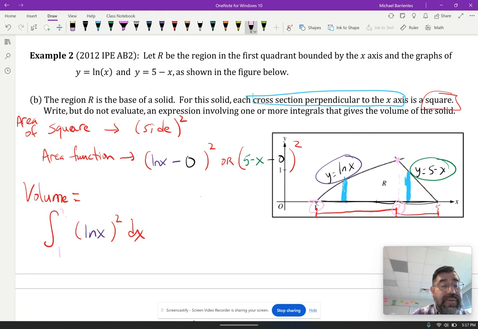I don't know what this is though. And then I'm going to add a second integral that starts at that unknown x value that we're going to know here in a little bit, and we're going to go to 5. And in that section, this is my setup.